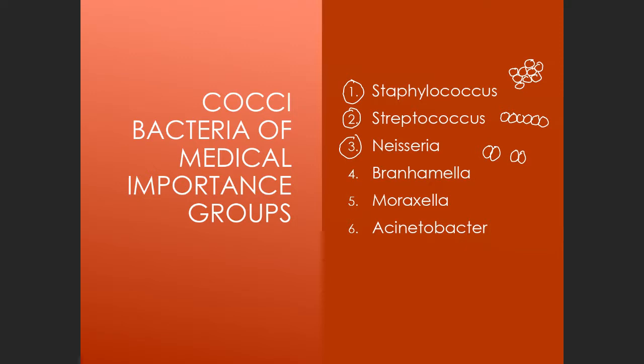So mostly it will be coccus bacteria that arrange into two units in one bacteria. So it's a diplococcus type of bacteria. Diplo means two, right? Coccus is round. So this is going to be similar mostly for Neisseria, Branhamella, Moraxella, and Acinetobacter.